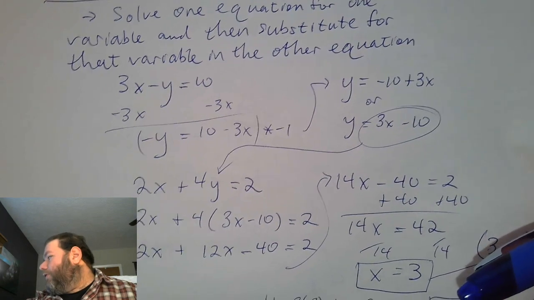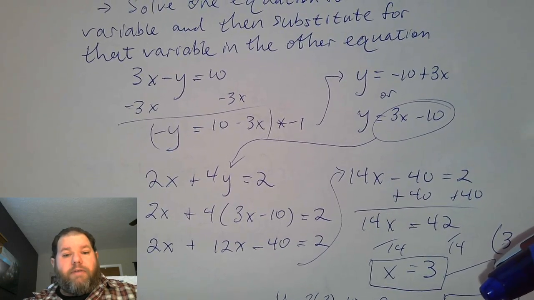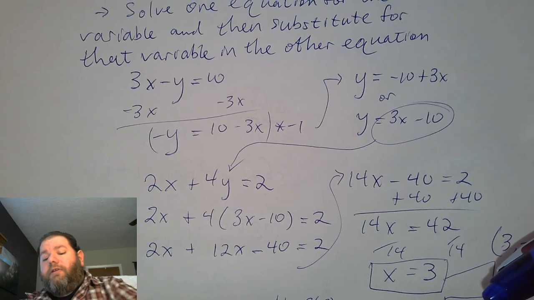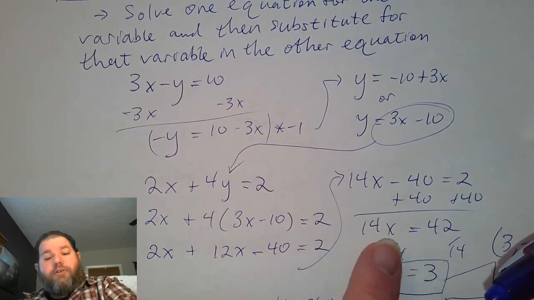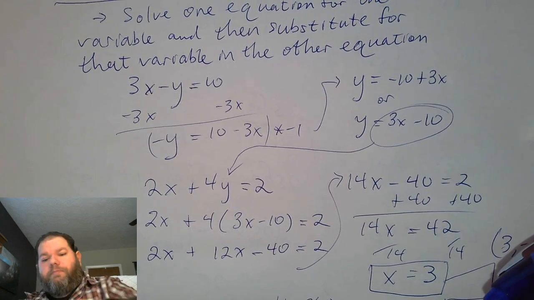Remember how much work it took us to get there last time. That's one of the advantages of the elimination method, is that it does get us to this point much more quickly without all the substitution.